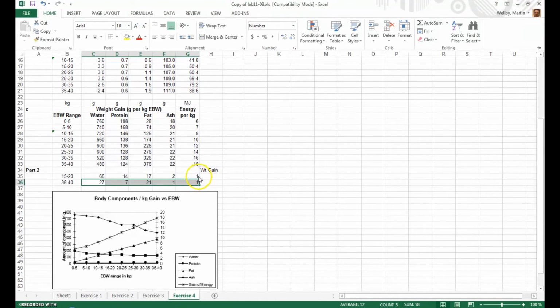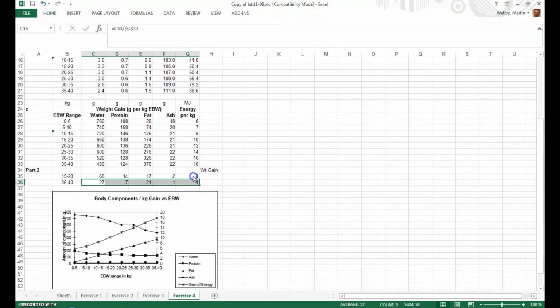So what this is saying is, if I give an animal that's around 15 to 20 kilograms 1 megajoule of energy, I will get 14 grams of protein for that 1 megajoule of energy, and I will get 17 grams of fat, 66 grams of water.